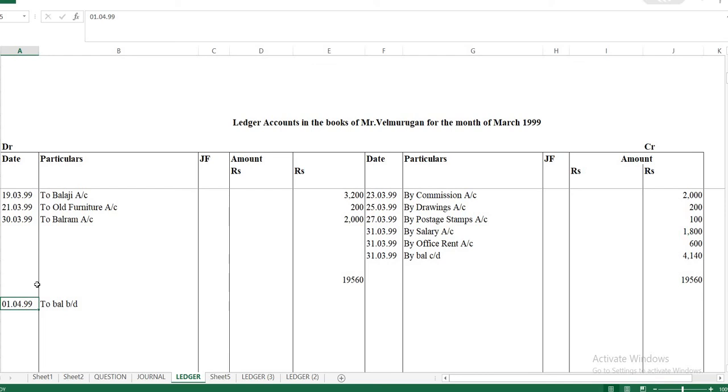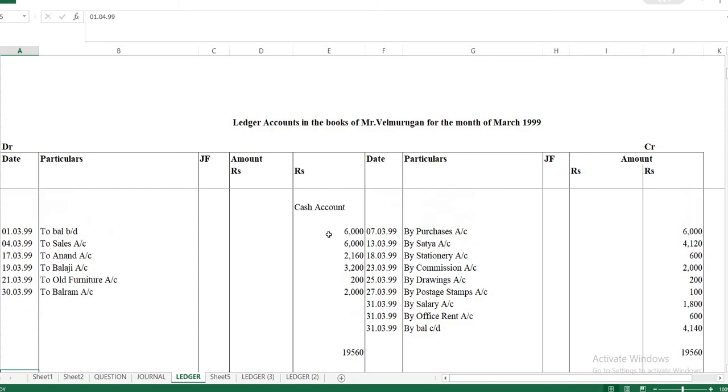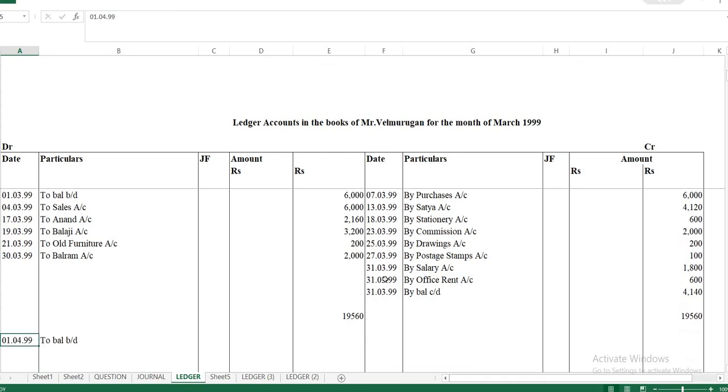Okay? Suppose in your family you are earning some 20,000, you have spent 10,000 and the balance is some 10,000. With that 10,000 you are starting the next month. The same thing applies here. A cash account is there that you are maintaining in your business. You have received some cash, sometimes you have made payments and you still have more cash in your hand.